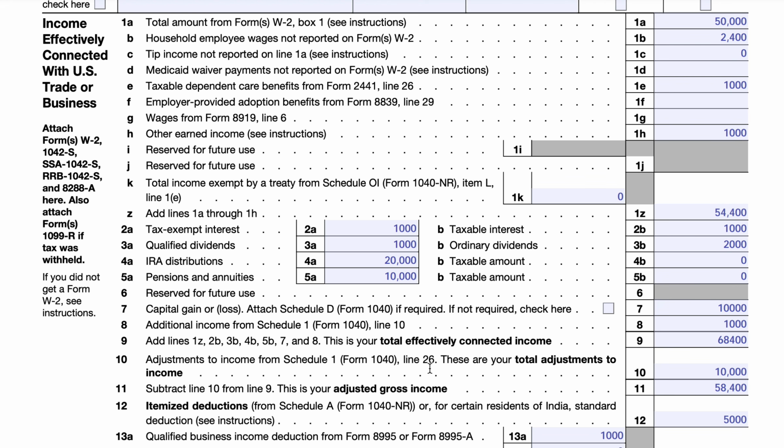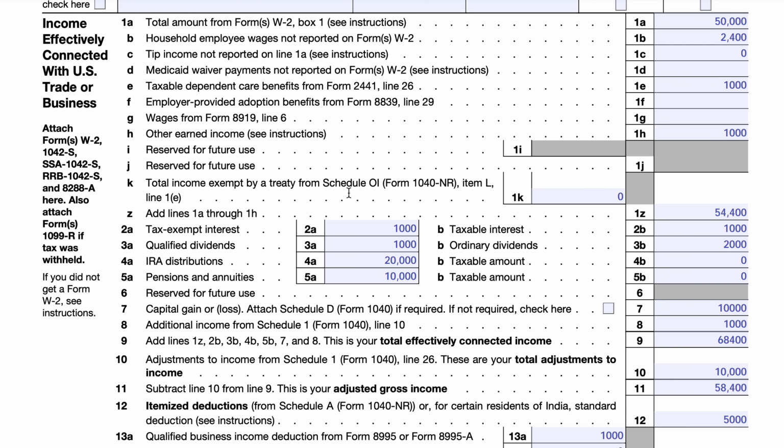So that brings us to the end of all the items of income effectively connected with a U.S. trade or business. Again, the instructions usually encourage you to check out Schedule NEC, some income that's exempted by a treaty, and Schedule OI of your Form 1040 NR. If you need to do that, be sure that you attach copies of all forms that you use to your actual tax return.